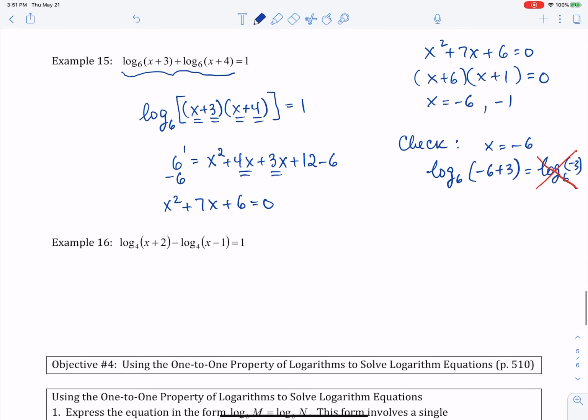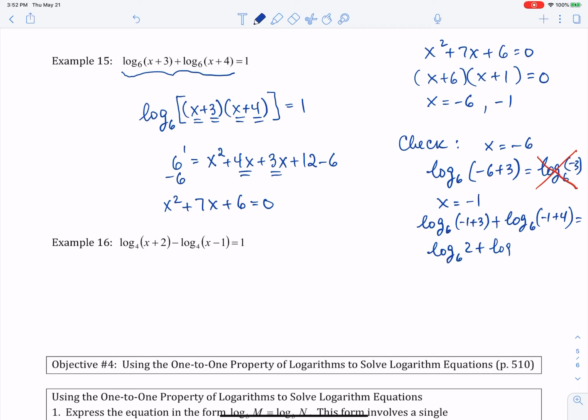And check with x equal to negative 1: logarithm base 6 of negative 1 plus 3 plus logarithm base 6 of negative 1 plus 4. That's logarithm base 6 of 2 plus logarithm base 6 of 3.